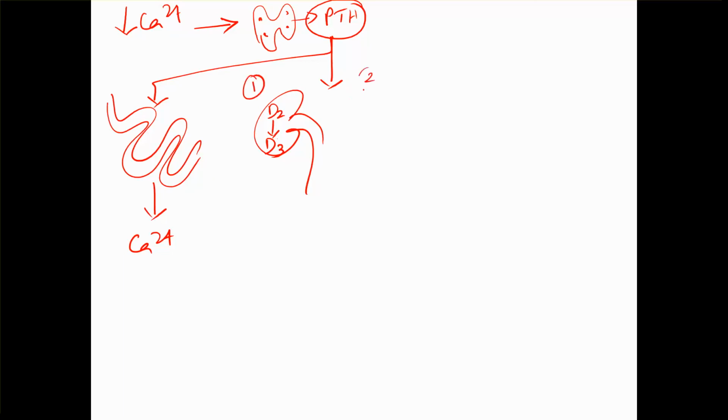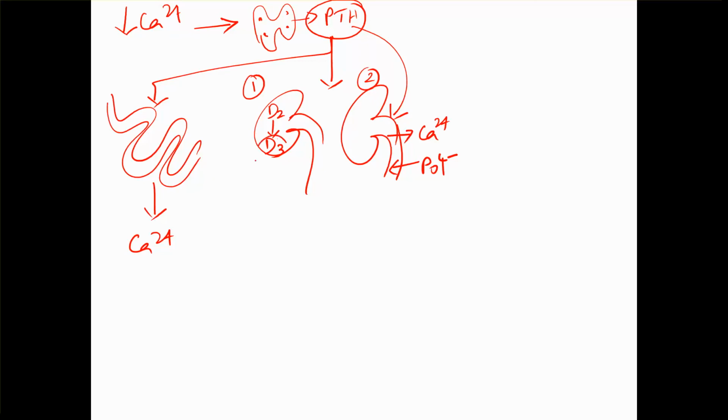Another thing they do is they go to the renal tubules, and they take the calcium, that is they reabsorb the calcium, and they send the phosphate out. So what you have to understand here is these two functions they do.